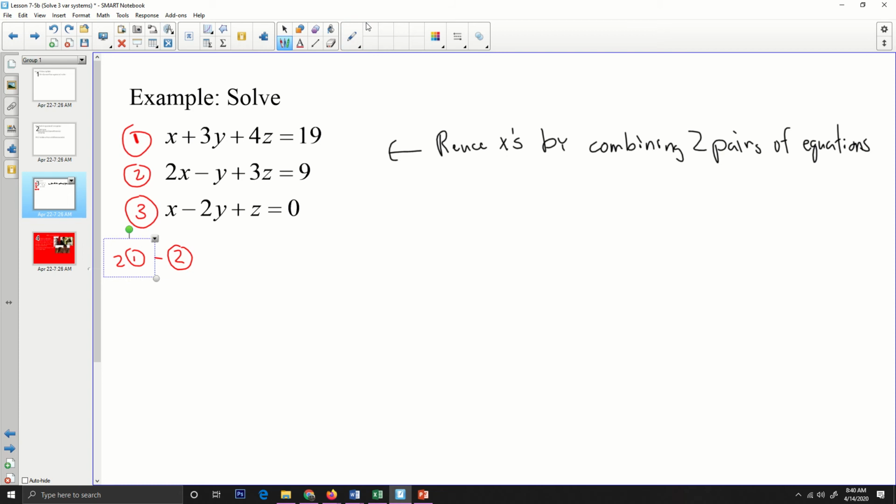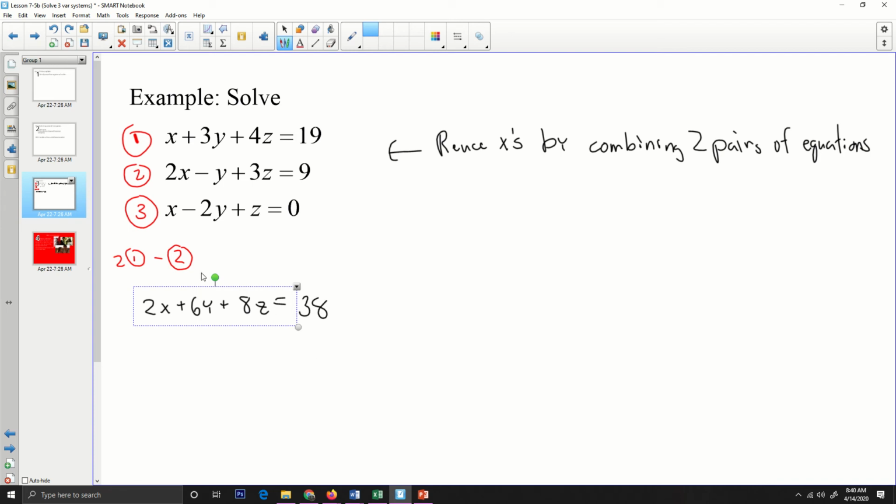Let's rewrite that. 2 times x is 2x. 2 times 3y is 6y. 2 times 4z is 8z. And 2 times 20 is 40 on the right side.